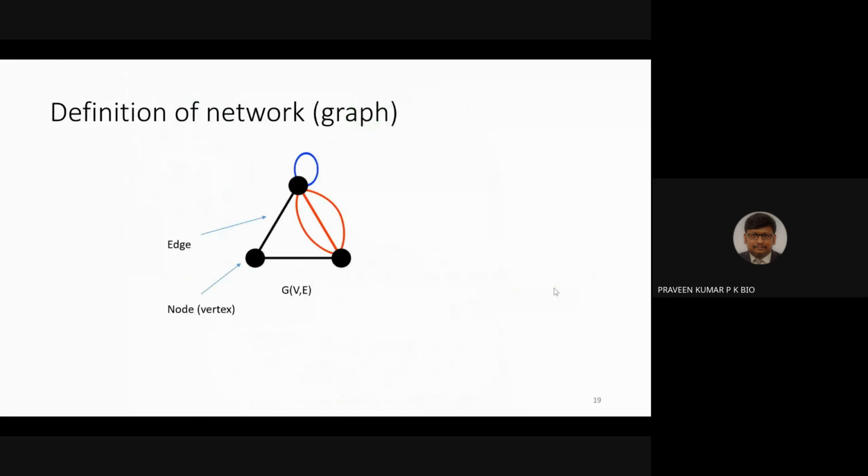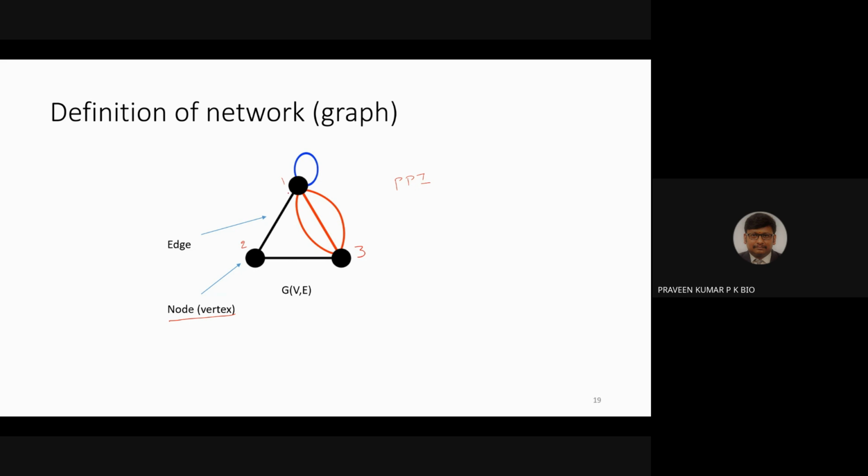Now, the definition of network theory, or how you can understand graph theory. If you see this, every circle is a node. You can call this a node or vertex. In our case, if you have a PPI network, we have three proteins, 1, 2, and 3.